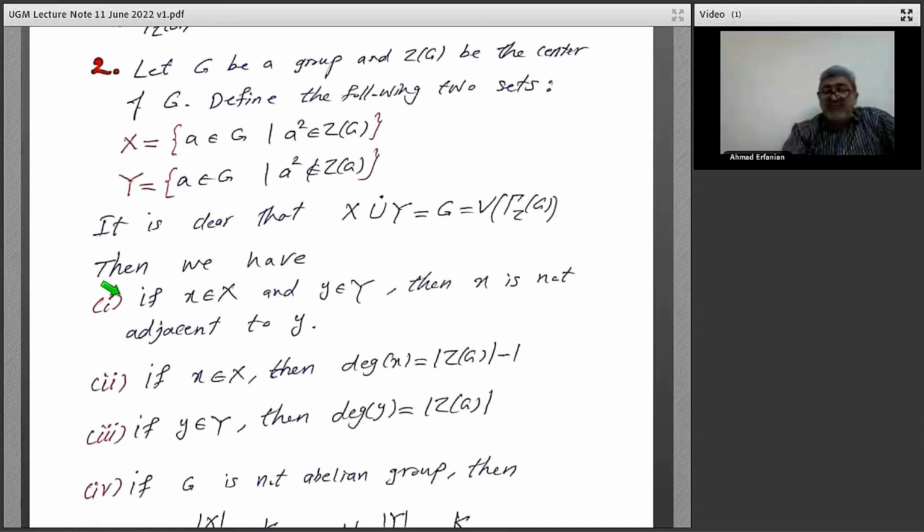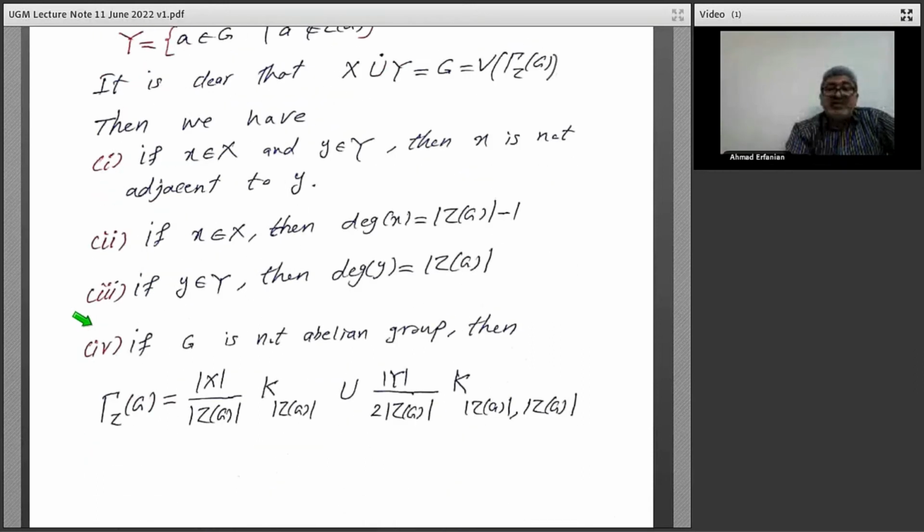And if we define two sets, X, the set of all elements of G whose square is in the center, and Y, the set of elements whose square is not in the center, then the union of X and Y is the whole group G, the vertex set.